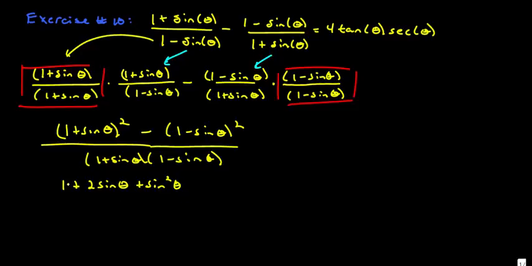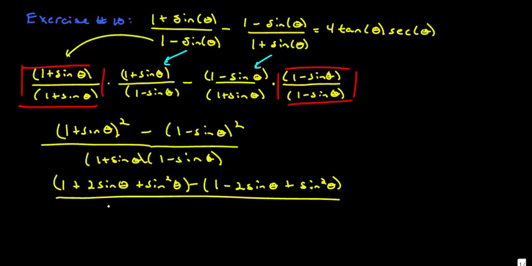You get this. Minus, so I got that guy. Minus, let's multiply this guy out. So forget about this right here. We'll just do this. This is 1 minus 2 sine theta plus sine squared theta. And now that whole thing is still over this guy right here, which is 1 plus sine theta, 1 minus sine theta, like that.